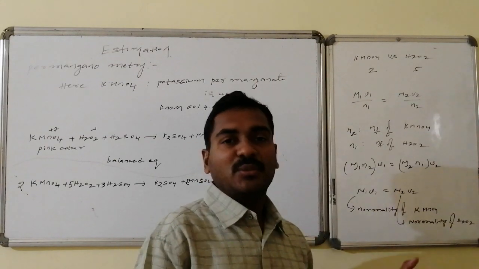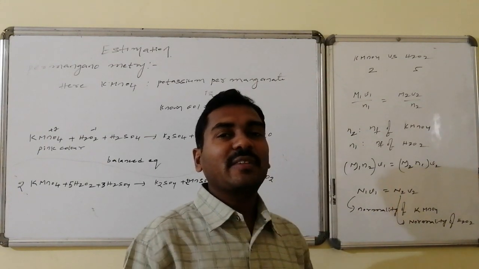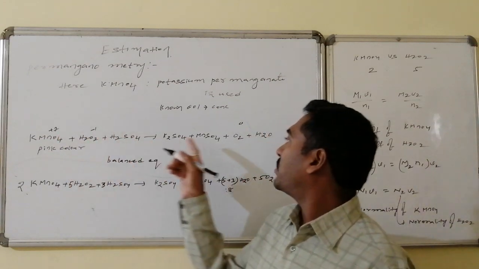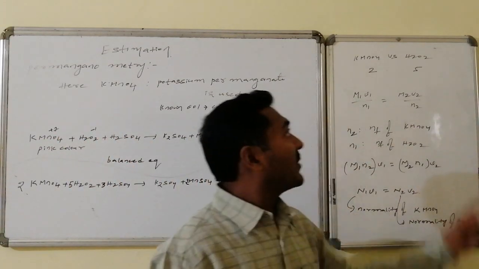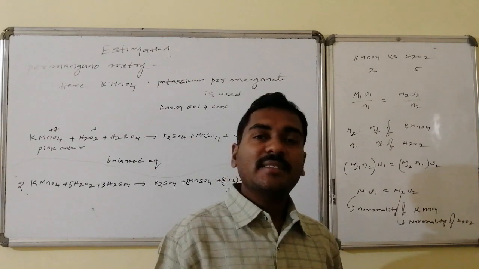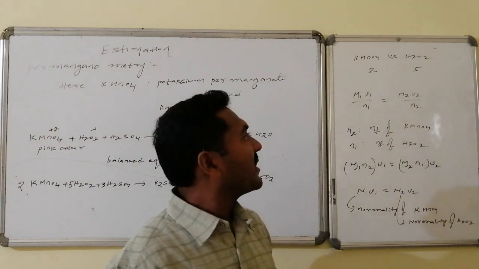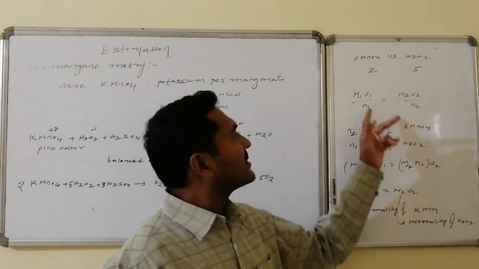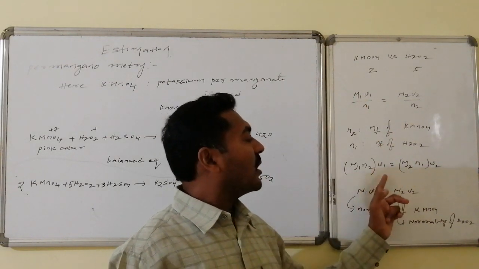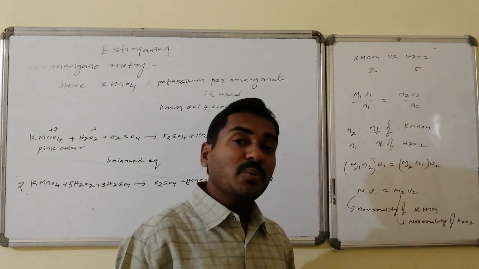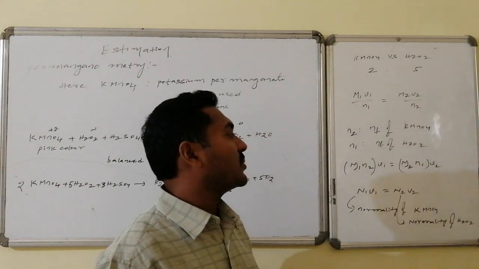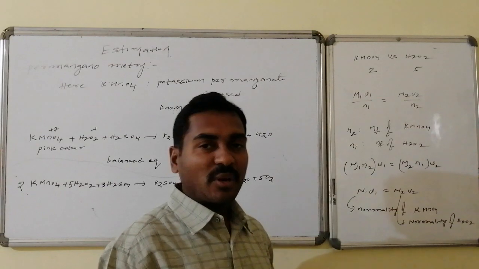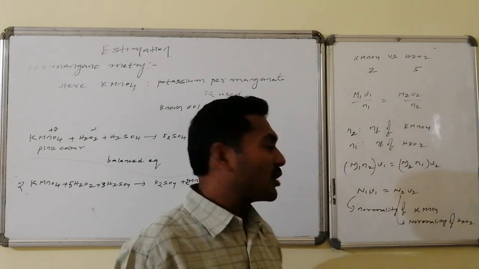It is near to the n factor, but in this case it is exactly equal to the n factor, because the change in oxidation number from +7 to +2 implies 5. That 5 is present over here. n2 is the n factor of the first component and n1 is the n factor of the second component. If I rearrange this equation, m1 n2 v1 becomes equal to m2 n1 v2. Molarity times n factor of the same component results in normality.